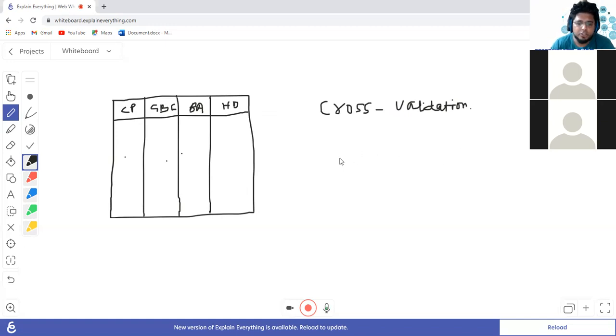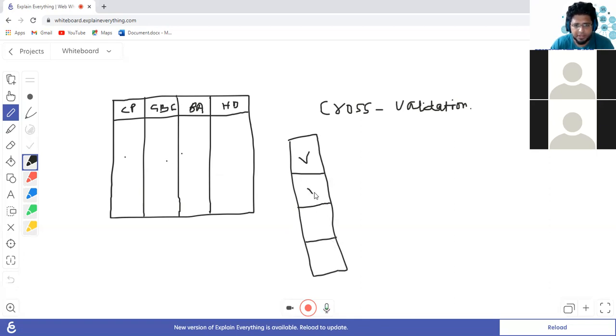Okay. So cross validation means if this is my data set, I divide my data into four parts. Say, okay, I use this part and this part for training my data, and I use this part for testing my data. Okay. So now the question you can ask is why did you choose this part as testing the data?